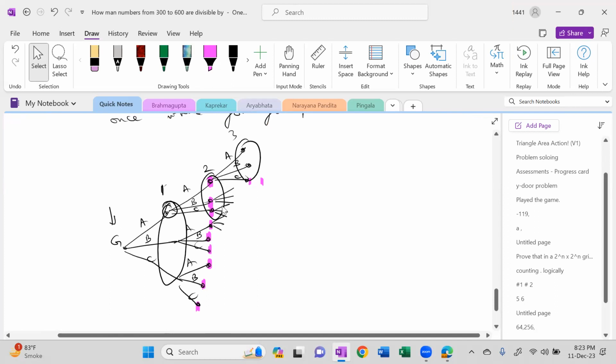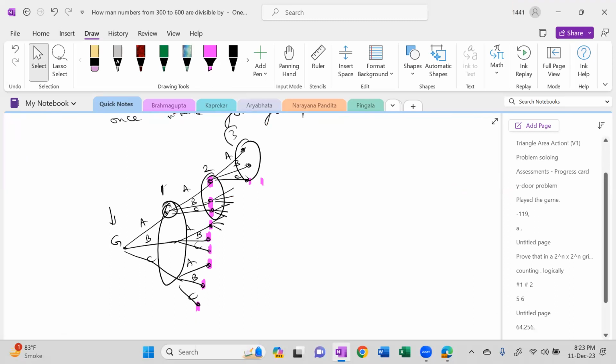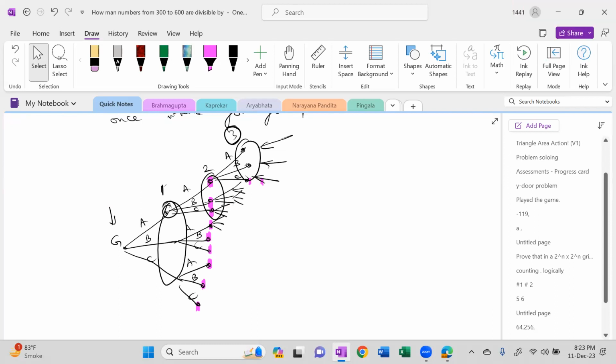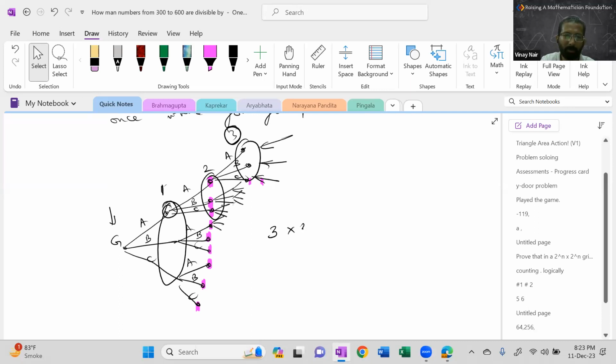Yes, sir. So if I am stopping at the 3rd floor, the number of ways of reaching the 3rd floor will be the number of points like this. If you look at the ground floor, there were 3 points. Each of them branched out to 3.